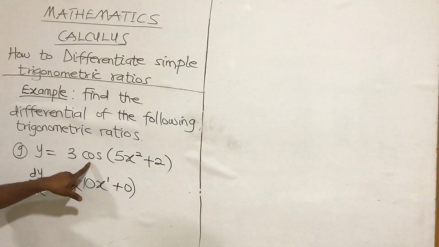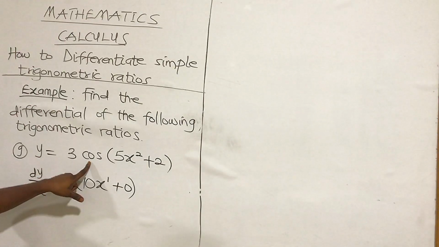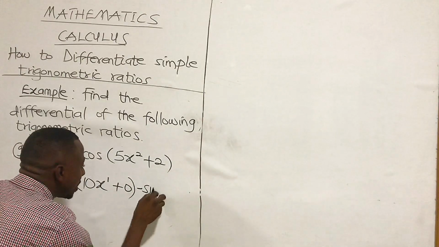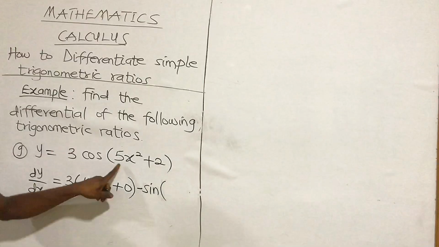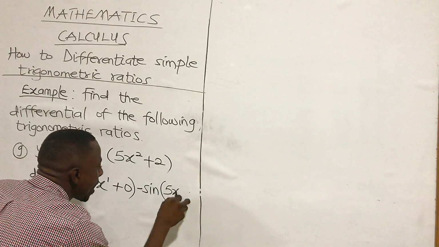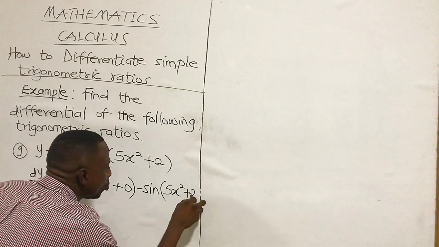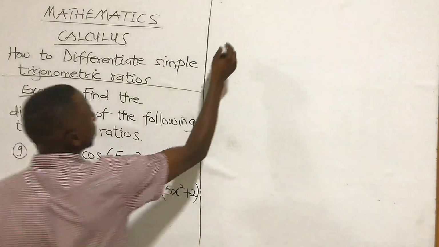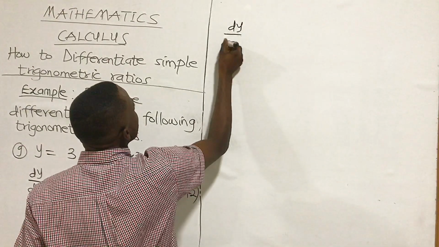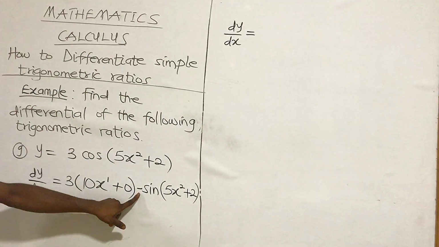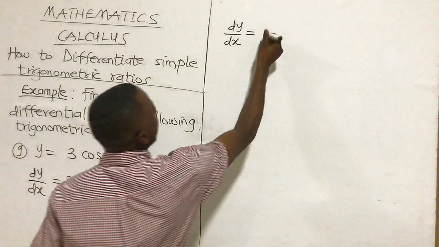Then we now differentiate the trig itself. And when you differentiate cos, we are getting negative sine, multiplying the function we have, which is 5x squared plus 2. So now we are going to evaluate them. Let me continue from here. dy over dx is equal to, now first of all, I will write the negative.